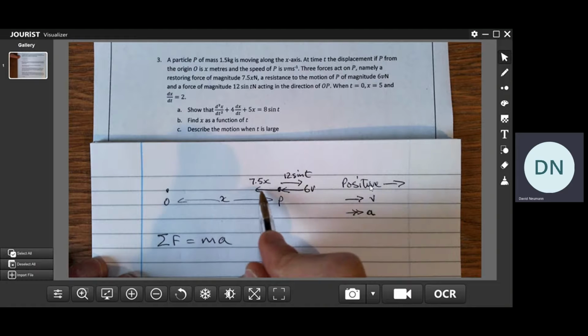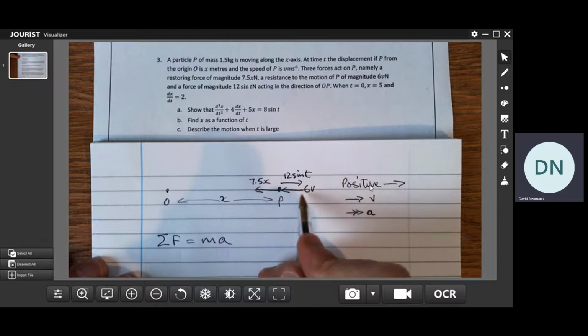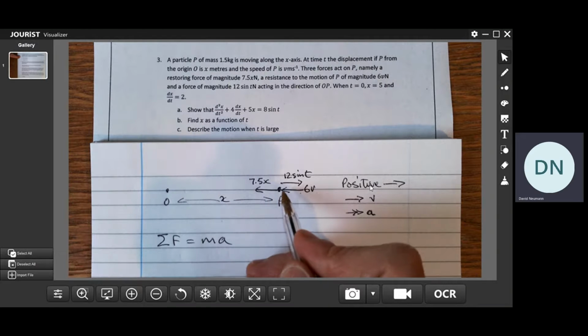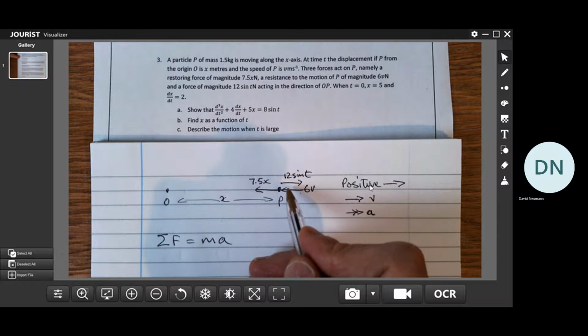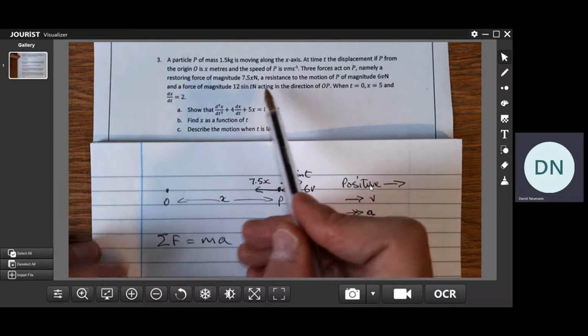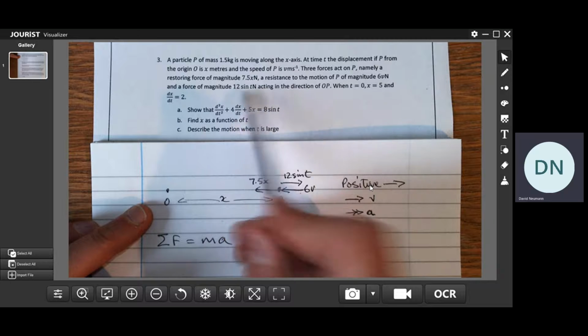So in this case, what are the sum of the forces? Well, this one's negative, this one's negative, this one's positive. We should have 12 sin t acting in the direction of OP.